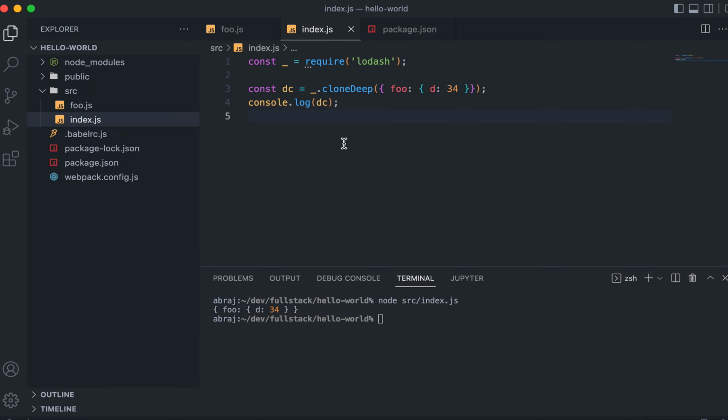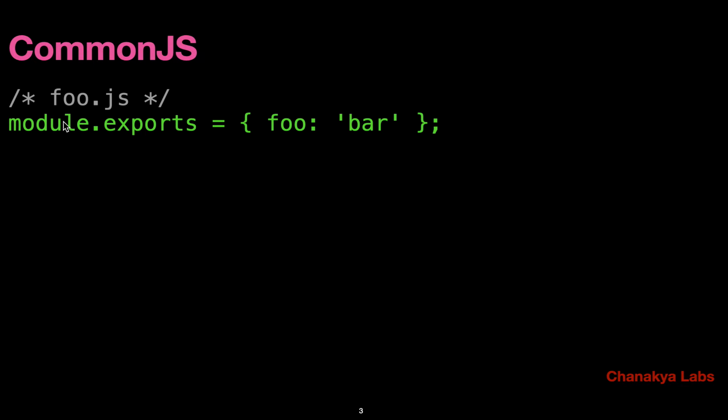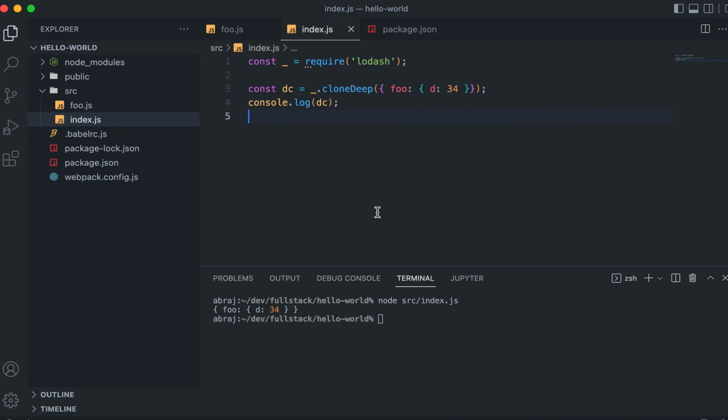Now this is an example of using a library directly, right? But there are situations where you have a local file, and you want to require that local file rather than a library. For example foo is there, right? So rather than importing a library, I could also import a local file. Okay, so something like this.